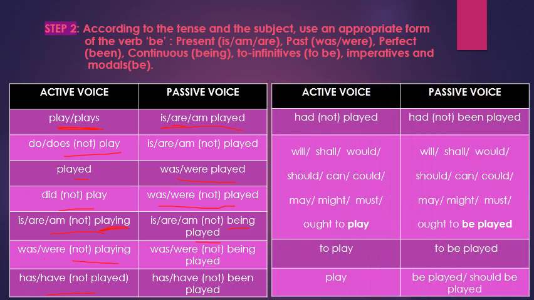Similarly, had not played will become had not been played. Then the modals will remain same. Will becomes will, shall will be shall, would be would, should will be should. Modals do not change. Only the verb changes. So play will become played.